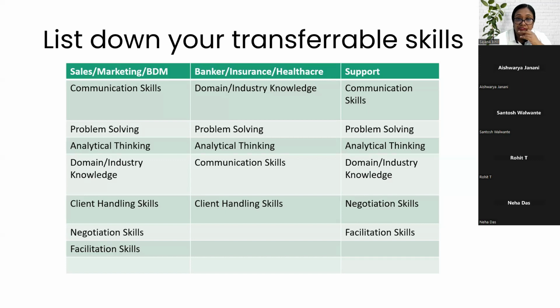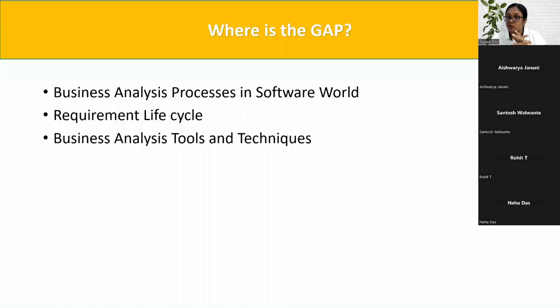Okay, let's move on further. So where is the gap, guys? Now that we have done a skill gap assessment, we have understood that there is a whole bunch of skills that we bring to the table.